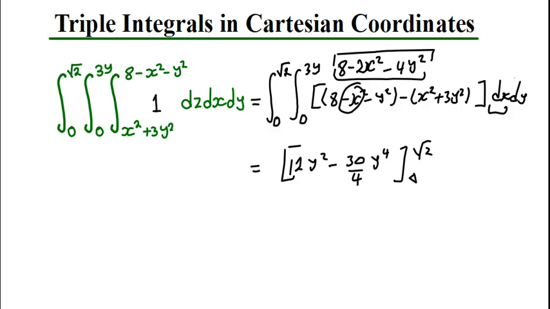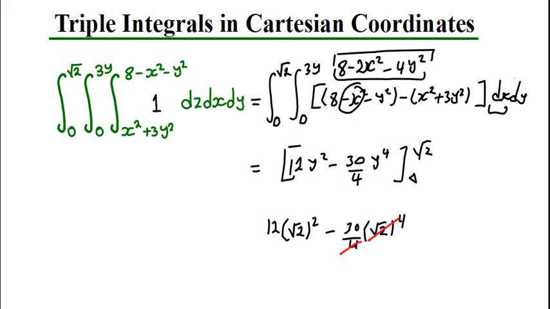Plugging in, once again I don't have to worry about the 0, so I can just put the square root of 2 squared, minus 30 over 4 times the square root of 2 to the power 4. The square root of 2 to the power 4 is simply 4, so that can cancel out.